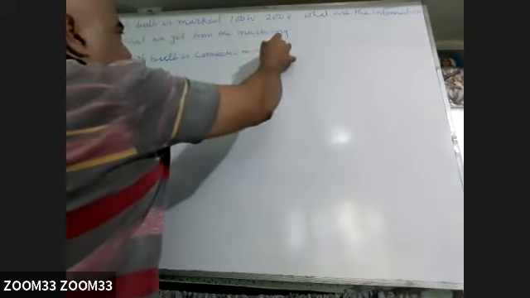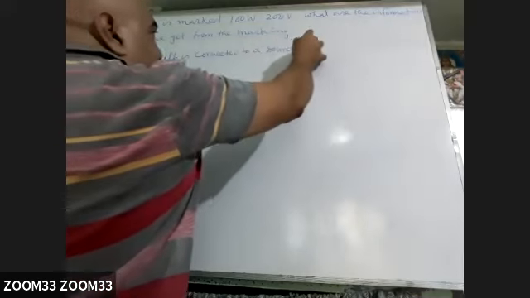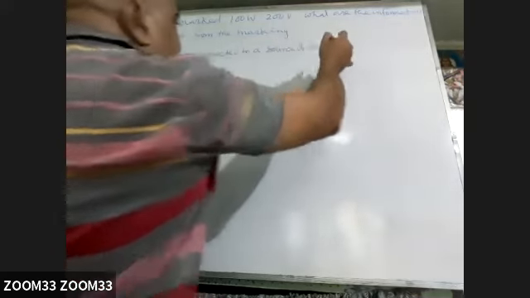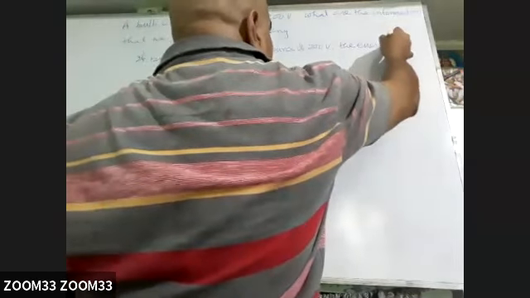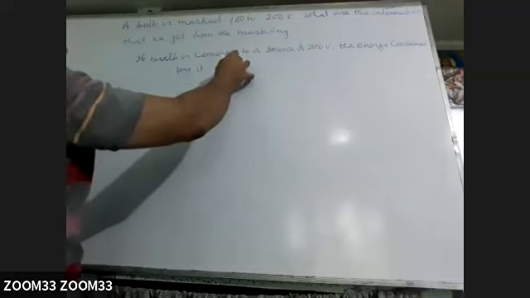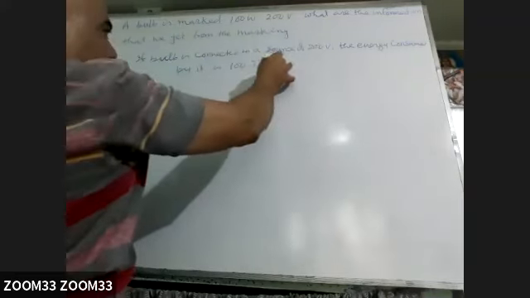So if the bulb is connected to a source of 200 volt, the energy consumed by it is 100 joule per second. That is the meaning.